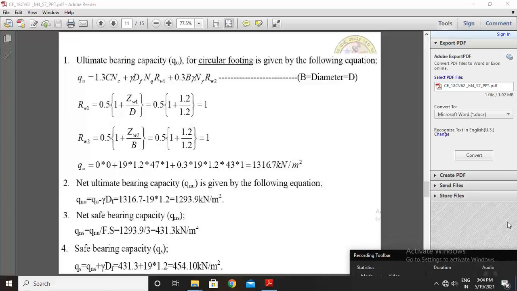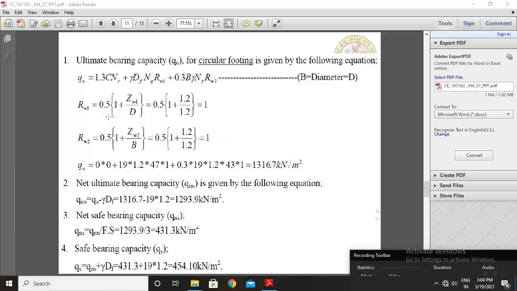Here 0.3 is a slight change for circular footing. Earlier for square footing it was 0.4 B gamma, and for strip footing 0.5. Only the numerical value changes: 0.5 for strip footing, 0.4 for square footing, and 0.3 for circular footing, and you consider B equal to D.